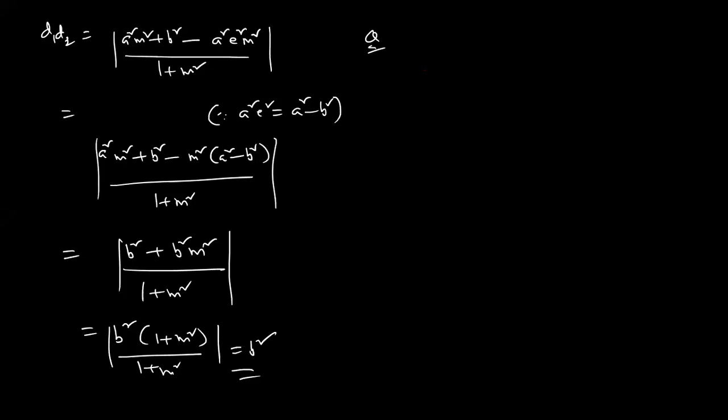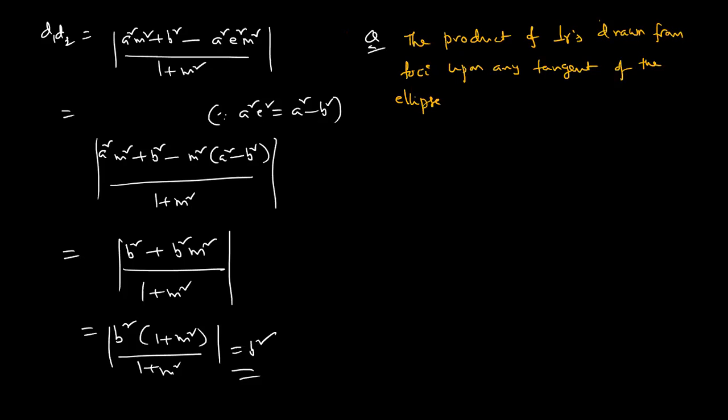We will write down the question. The product of the perpendiculars drawn from the foci upon any tangent to the ellipse x square by 144 plus y square by 16 is equal to 1.